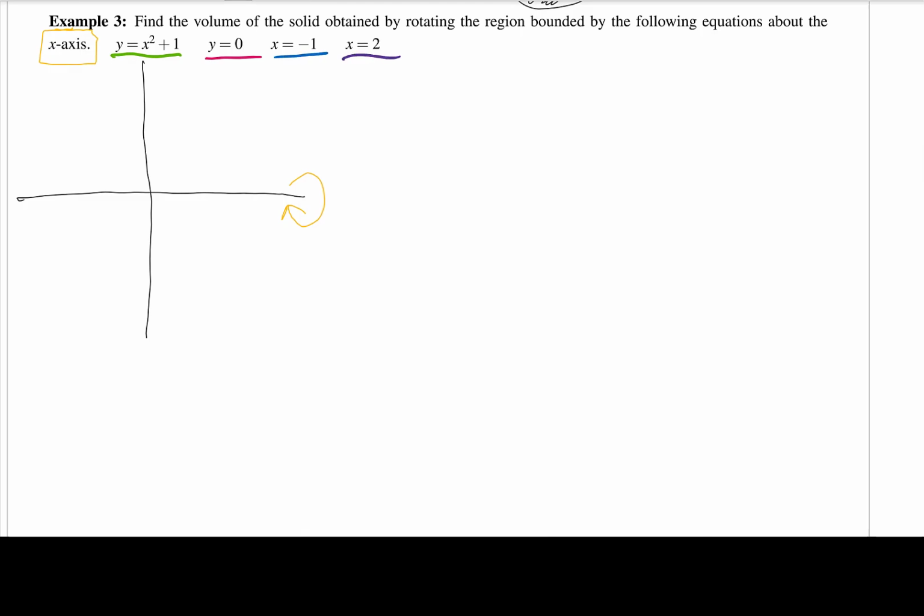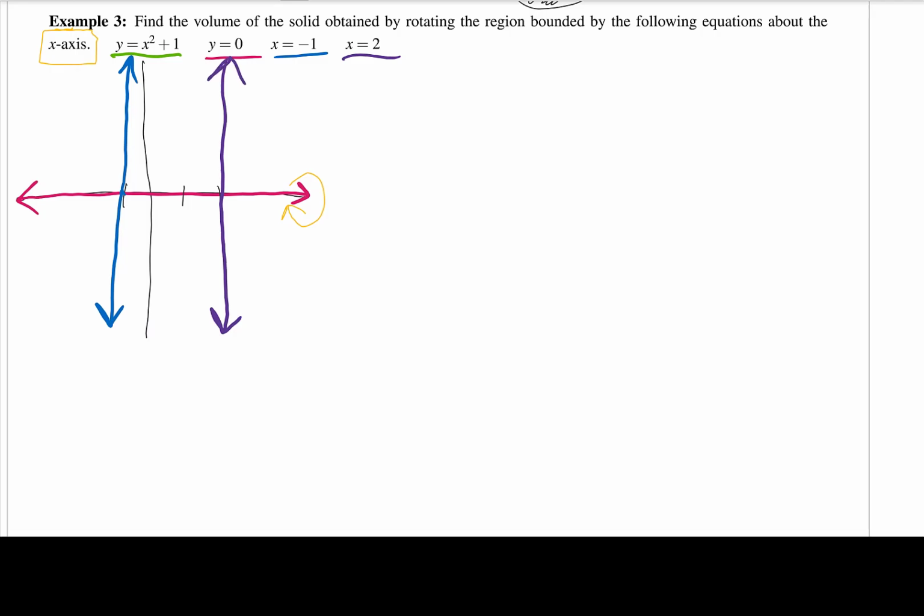So we know that y equals 0. That looks like this. We know that x equals -1. Well, let's see. If this is -1, then it looks something like this. If I have x equals 2, that looks something like this.